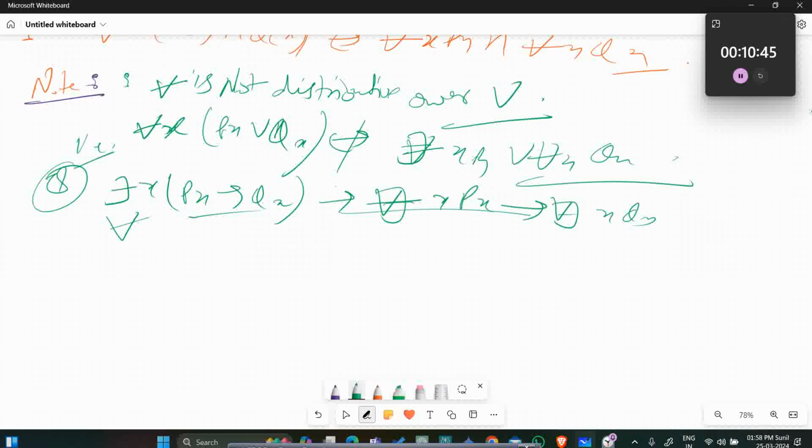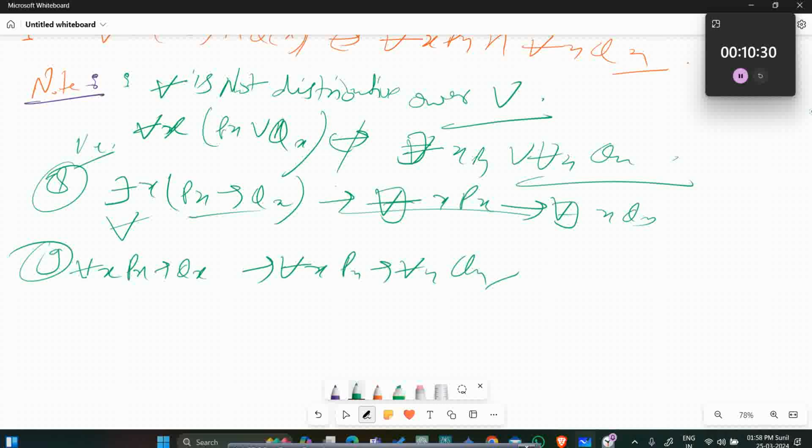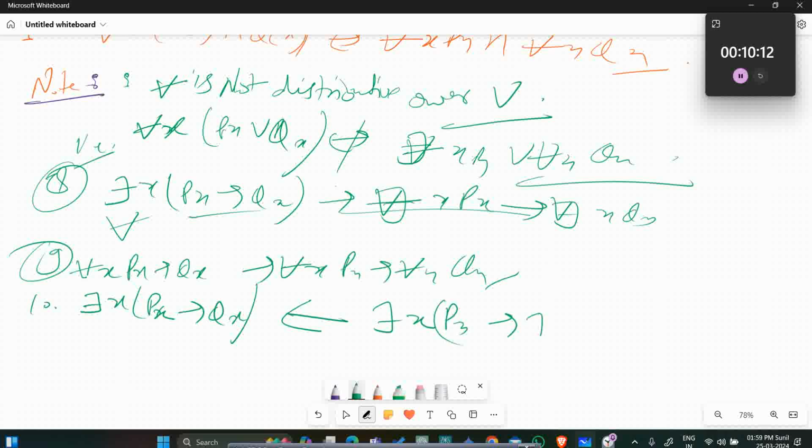And next is: for all x, P(x) implies Q(x) implies for all x, P(x) implies for all x, Q(x). Number 10 is: there exists some x, P(x) implies Q(x); the reverse direction is there exists some x, P(x) implies there exists some x, Q(x).